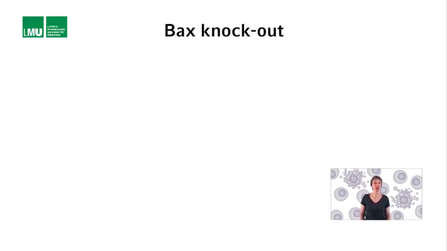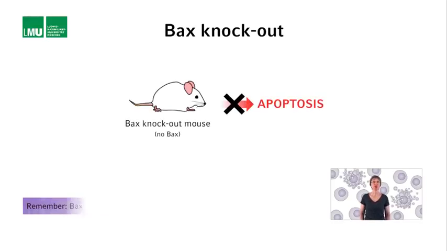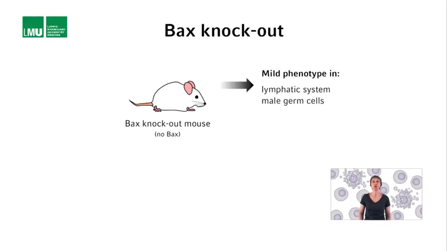Mice were generated that lack the gene that codes for Bax. These mice are referred to as Bax knockout mice. The expectation was that in those mice, apoptosis should be blocked because the Bax protein can no longer be made. However, that was not the case. The Bax knockout mice showed a very mild phenotype.